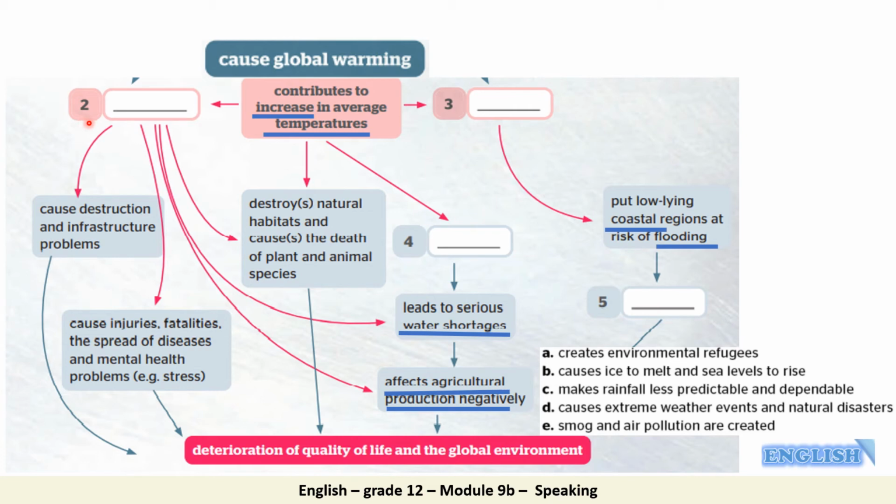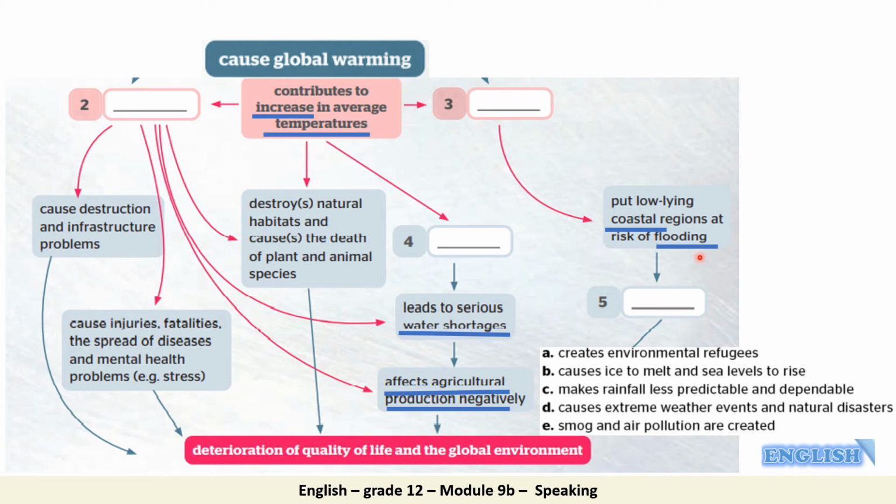Number 2, you are going to think about something that will cause destruction and infrastructure problems, and at the same time destroys natural habitats and causes the death of plant and animal species. Number 3, something that will put low-lying coastal regions at risk of flooding.